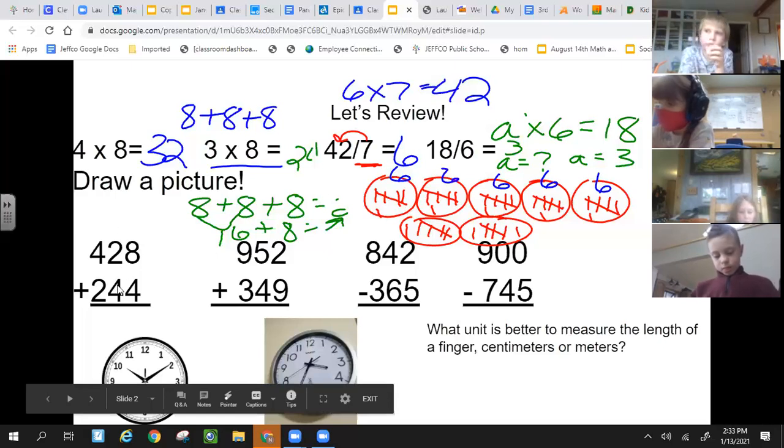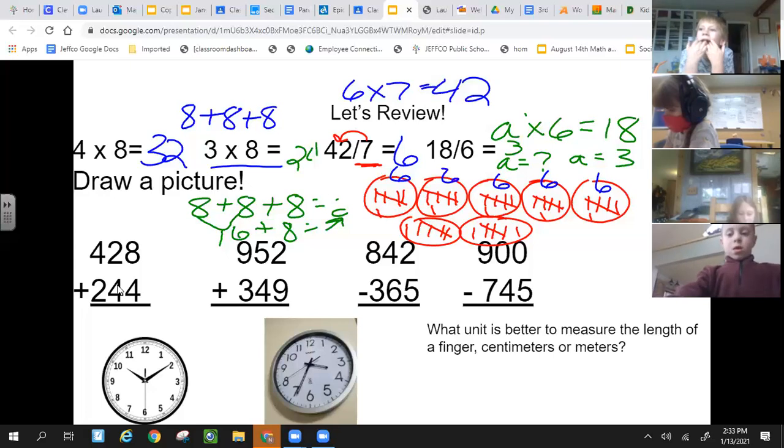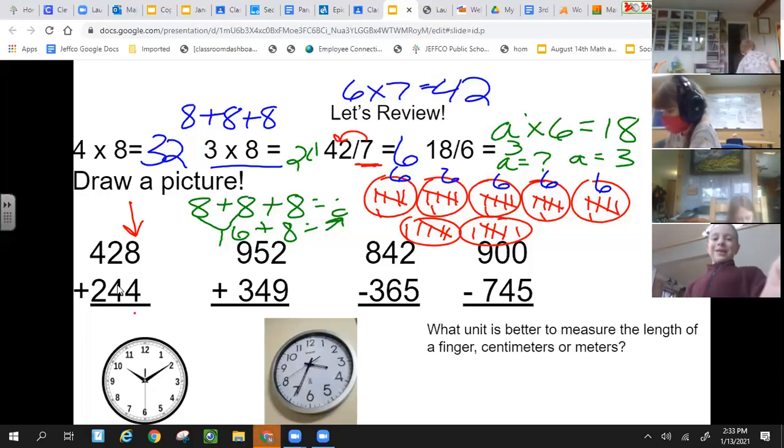Ellie, will you do this one? 428 plus 244. Walk us through that, Miss Holmes. So 8 plus 4 equals 12. So you put the 2 under the 4. Okay. And you carry the 1 above the 2.